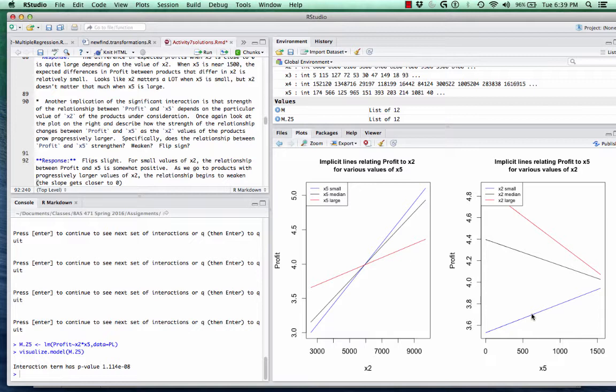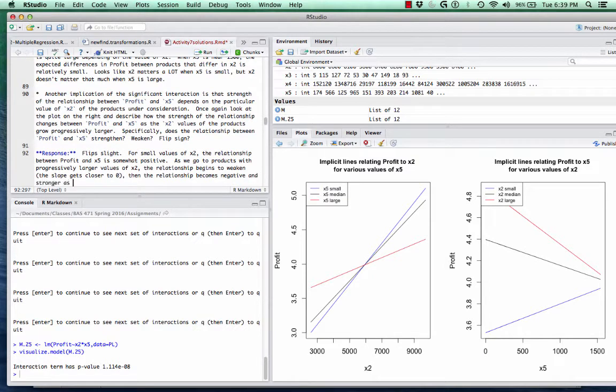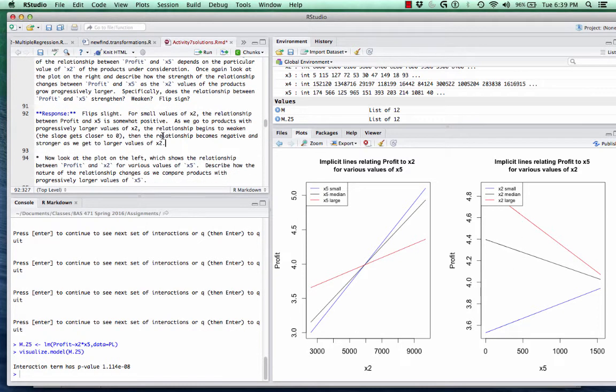Notice as we go from the blue line to the black line, at some point that line must be just parallel with the 0 slope. Then the relationship becomes negative and stronger as we get to larger values of x2. So as we go from blue to black to red, the relationship initially weakens, eventually becoming 0, and then the relationship becomes stronger and more negative here. So a pretty complex relationship going on.